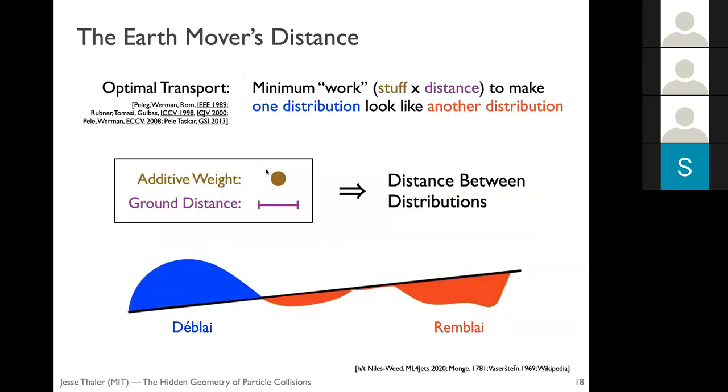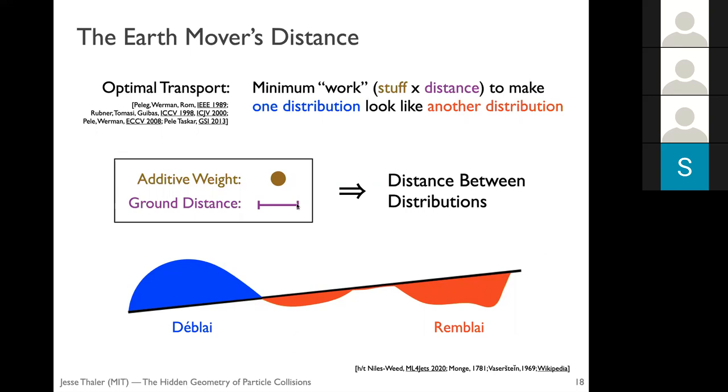More abstractly, what we're trying to do is take this blue distribution and make it look like the red distribution and ask how much stuff I need to move a certain distance. As long as you have some notion of weight that's additive and some notion of a ground distance, this defines the distance between distributions. So in the particle physics context, these weights will be energies and the distances will be distances in the rapidity azimuth plane.